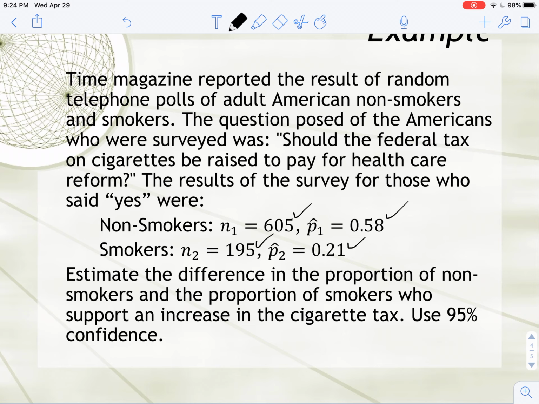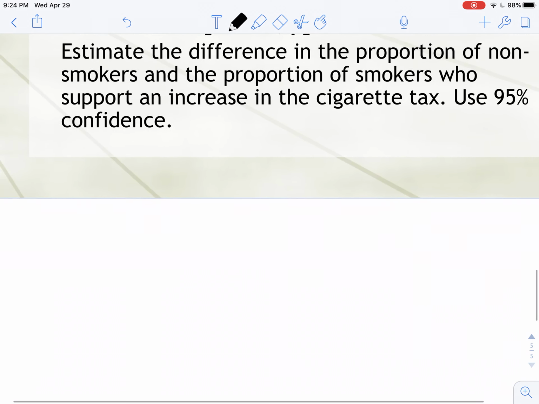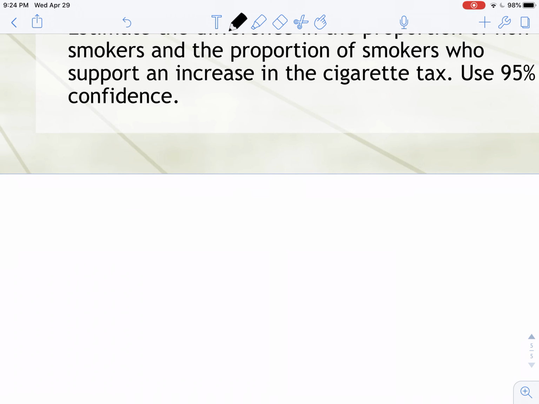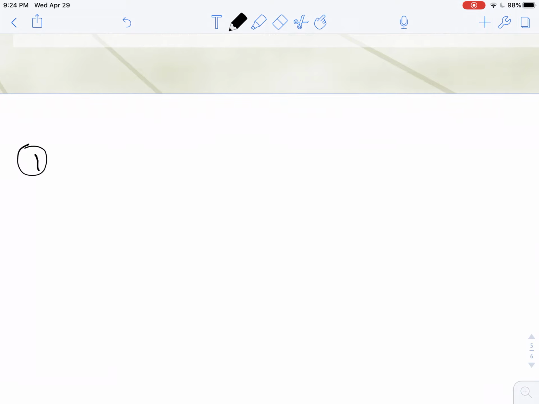All right, so then the question then asks us to estimate the difference in the proportion of non-smokers and the proportion of smokers who support an increase in the cigarette tax. And we're going to use a 95% confidence interval here. All right, so let's start running through the four-step process. So step one, I need to define my parameters of interest. So I have two of them here.